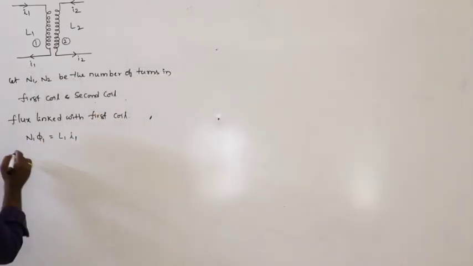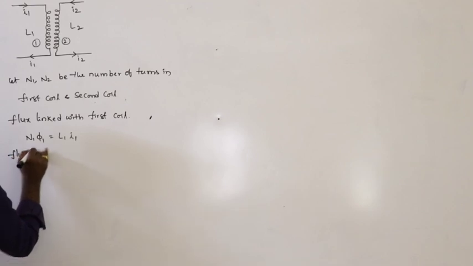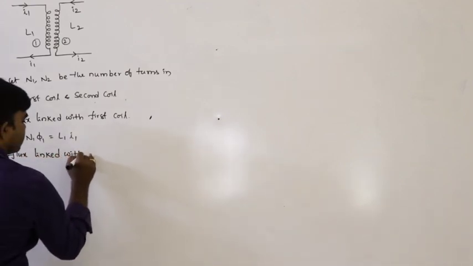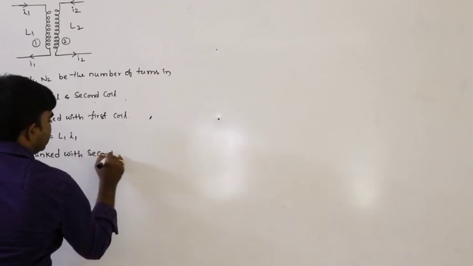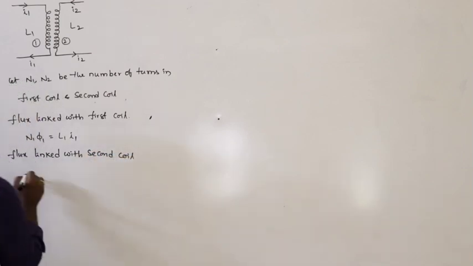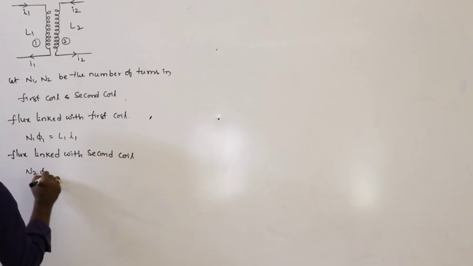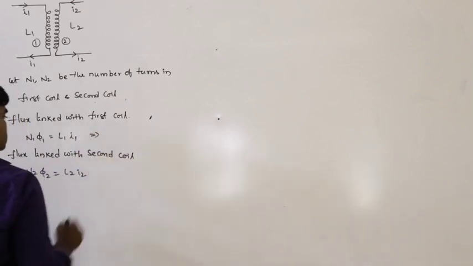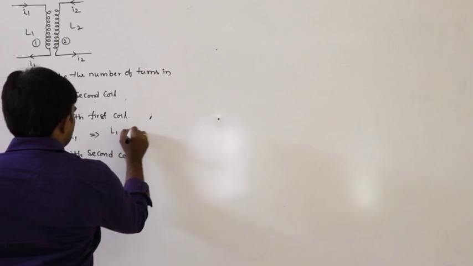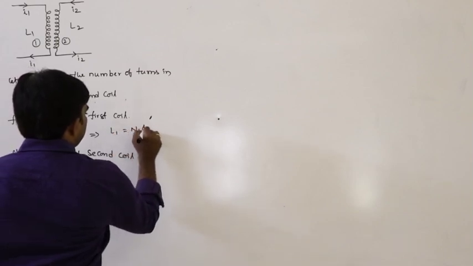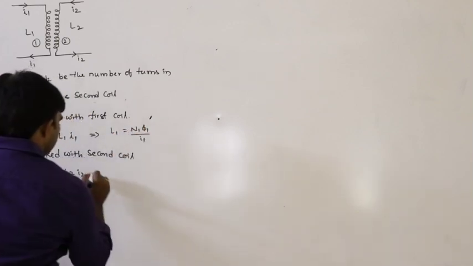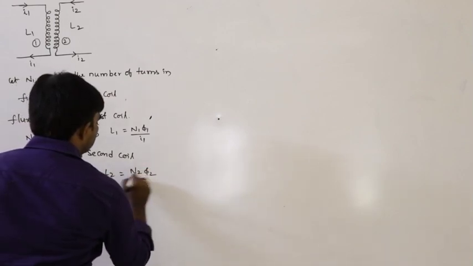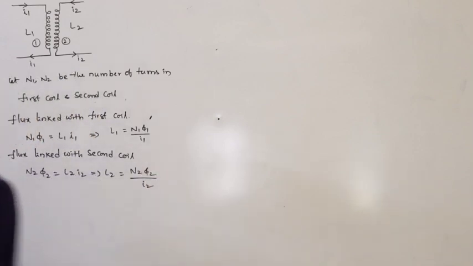Next, what is the flux linked with the second coil? That is N2 phi2 is equal to L2 I2. From this, L1 can be written as N1 phi1 by I1, and L2 can be written as N2 phi2 by I2.